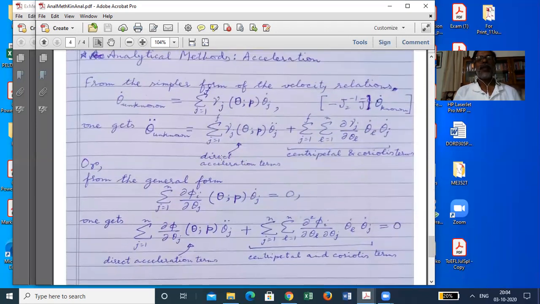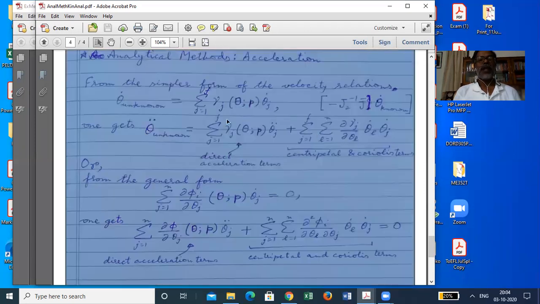From the simpler form of the equation, the second one, in which you have expressed theta unknown dot as J2 inverse J1, negative of that, those coefficients are here shown as gammas, times theta dot. This gamma is actually minus J2 inverse J1.